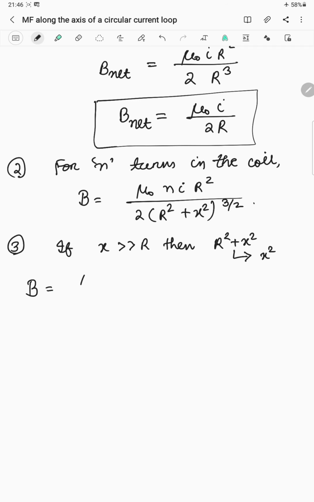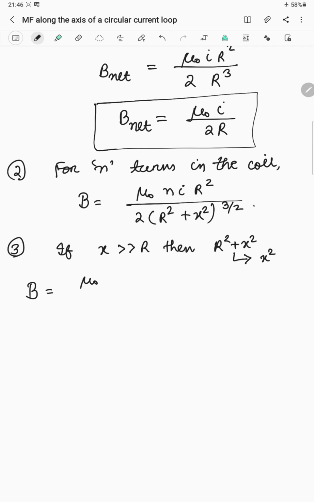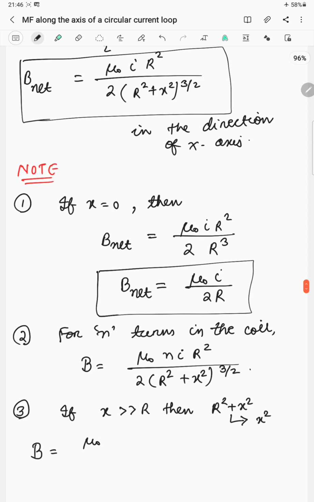B will be equal to mu naught I r square divided by 2 x cube. Okay, mu naught I r square by 2 x cube.